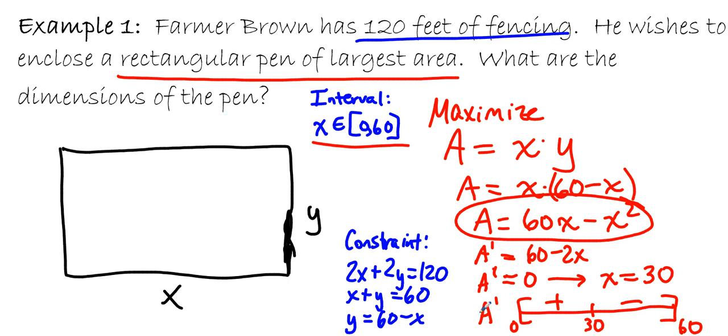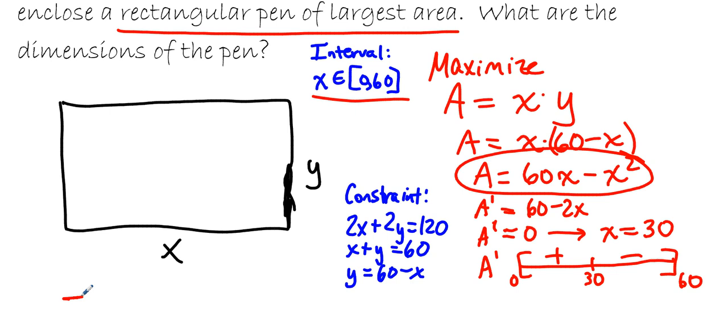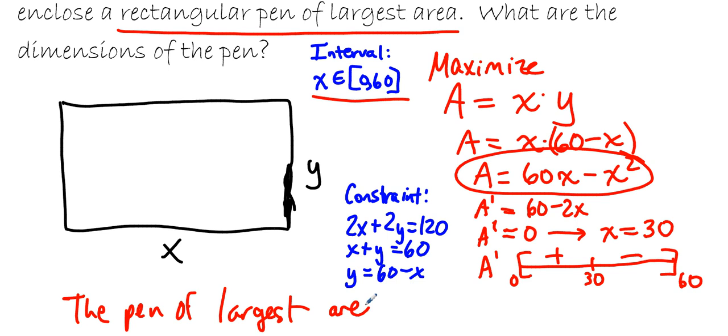Well, x turns out to be 30. y turns out to be 60 minus 30. That's 30. So we answer the question. The pen of largest area is 30 feet by 30 feet.